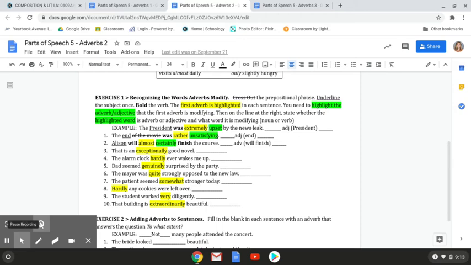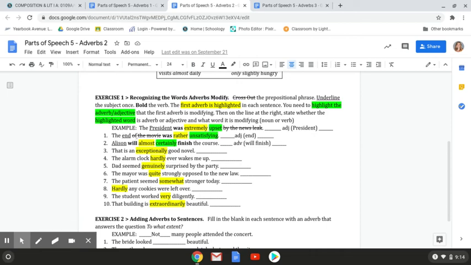So if we have two descriptive words next to each other, the first one is always, always, always your adverb. The second one is where you have to decide. The second one, is it modifying a verb or is it modifying a noun? Remember, if it's modifying a verb, it's got to be an adverb. If it's modifying a noun, it's got to be an adjective. Okay, and then that's what we're going to write on the line.